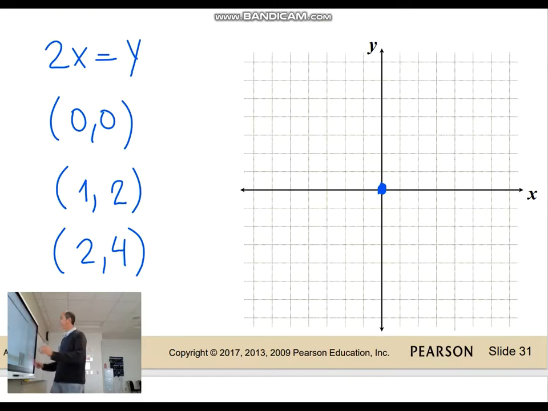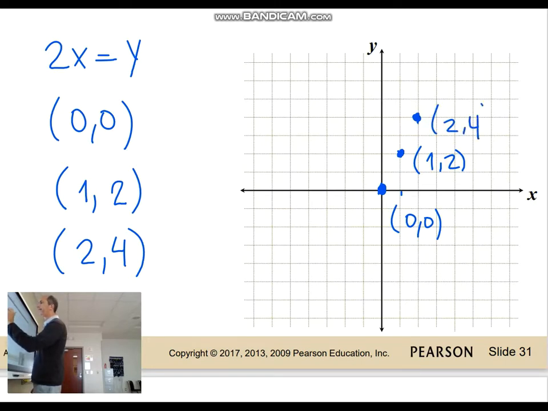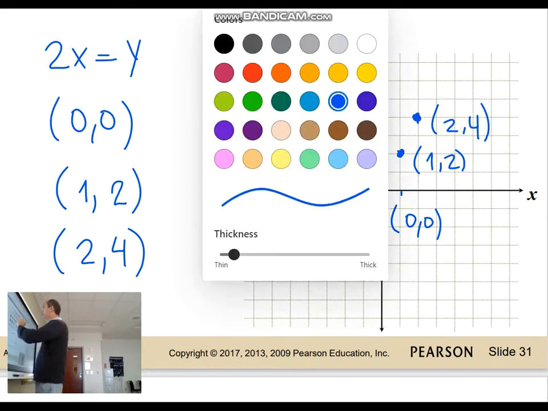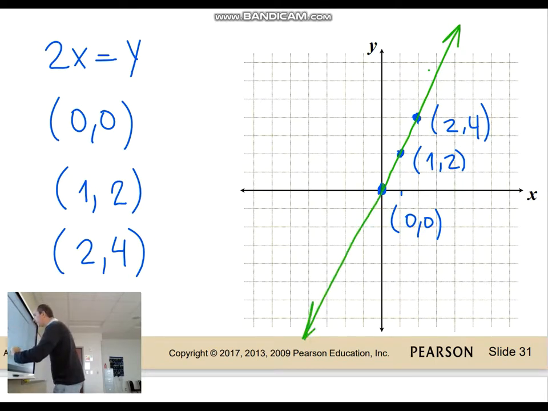So we have 3 points. 0 and 0 is one point. 1 and 2 is another point. And 2 and 4 is another point. Connect the dots and you will find the graph, the representation of this linear equation.